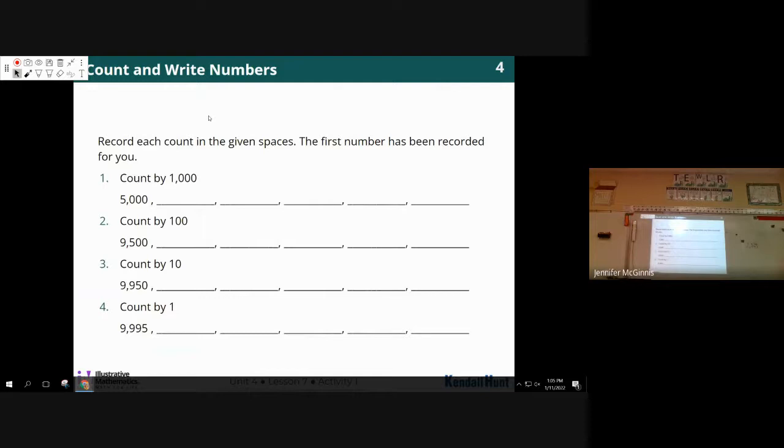Okay, there's my timer. What questions do you have about the directions?